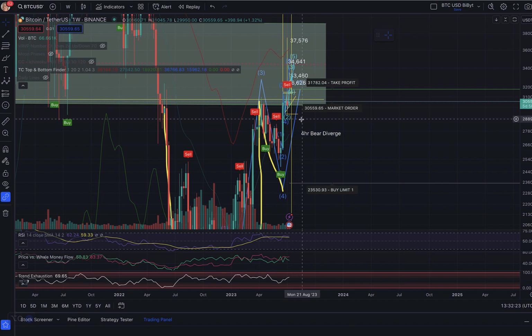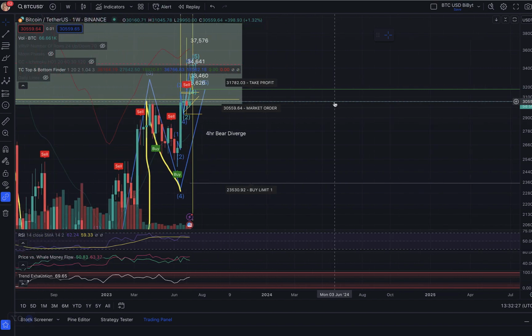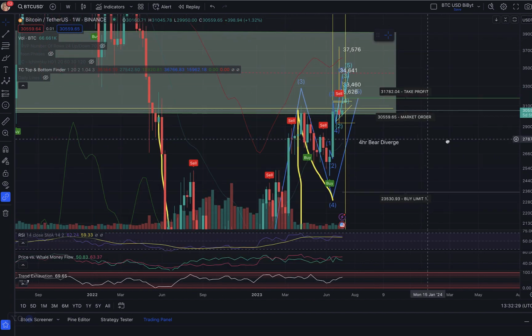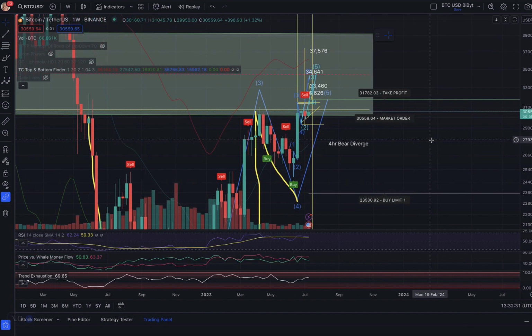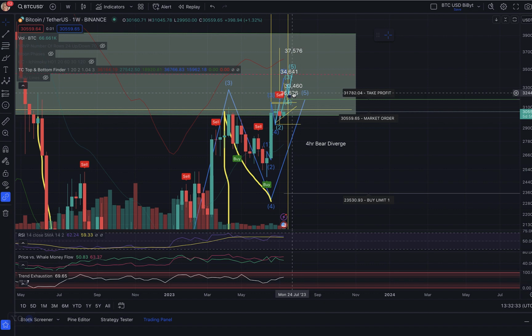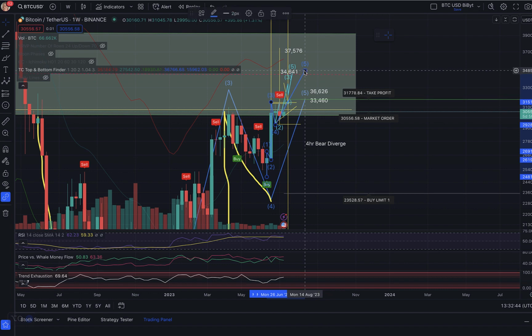We may just get this final surge up to these other numbers here. Let me just come in so that you can see them and maybe snapshot them. There we go. We may get up here to these numbers here. We will just monitor this as we go, and yeah, that's it.